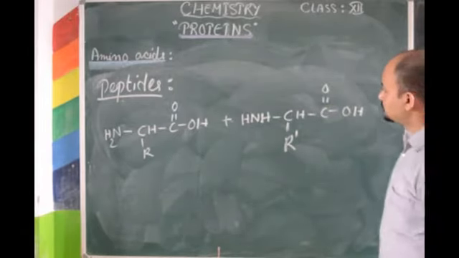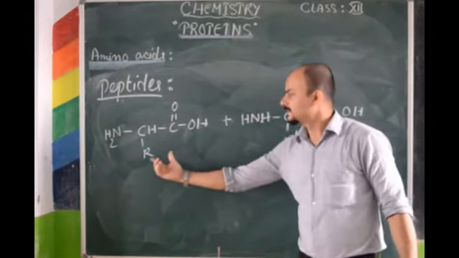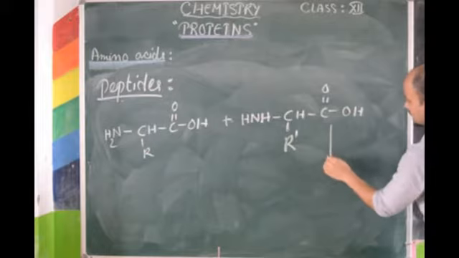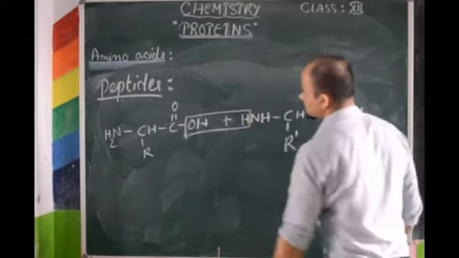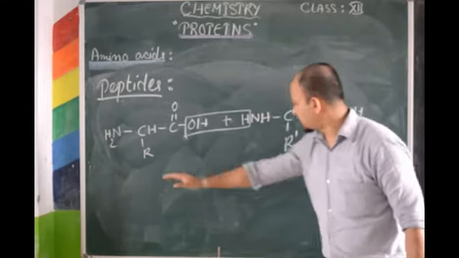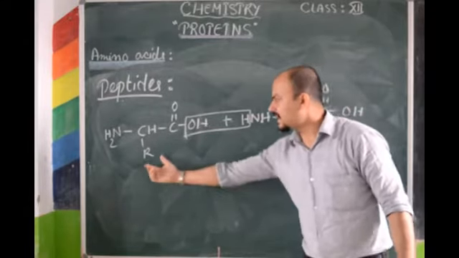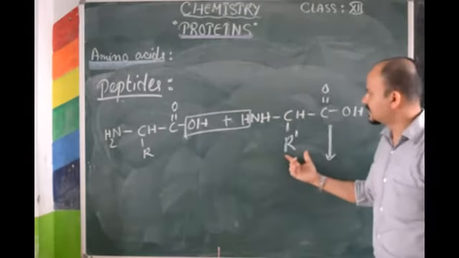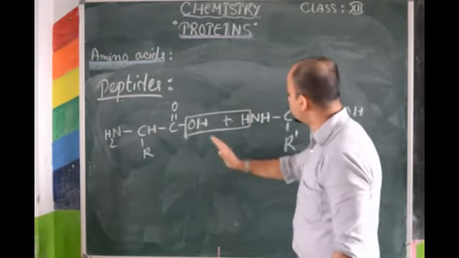Here I have taken one molecule of amino acid, and here I have taken another molecule of amino acid. Whenever they condense, a molecule of water will be removed from these two amino acids. Here I have represented them by R and R dash, meaning these are two different amino acids. It could be the same, but to avoid confusion, I have represented them with R and R dash. So a molecule of water will be removed, and this molecule of amino acid will be condensed with this molecule.